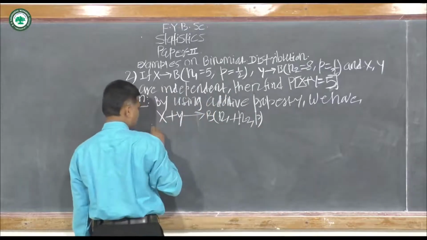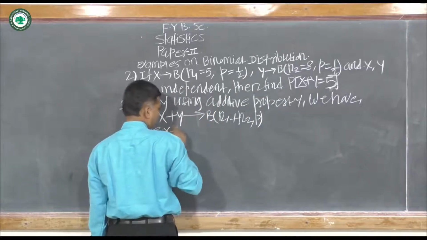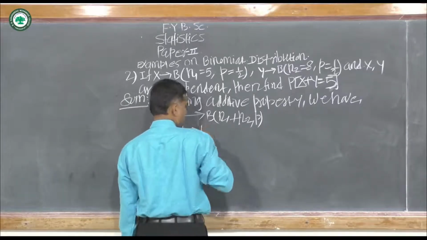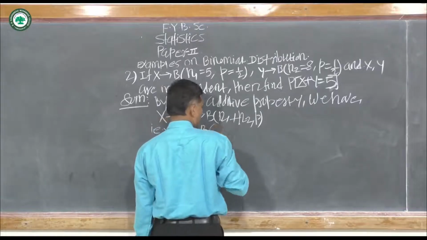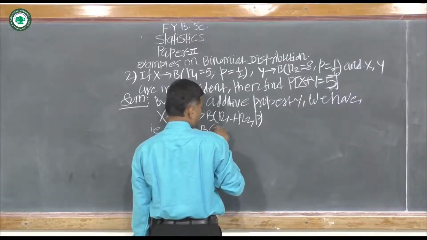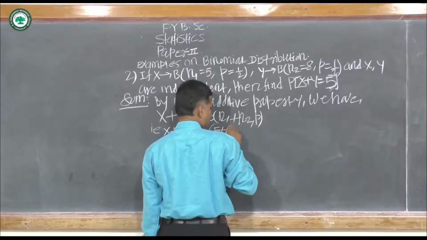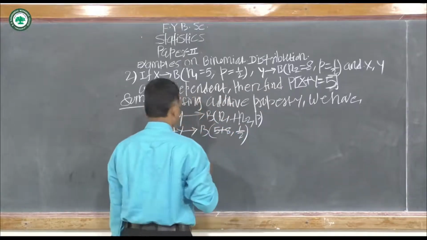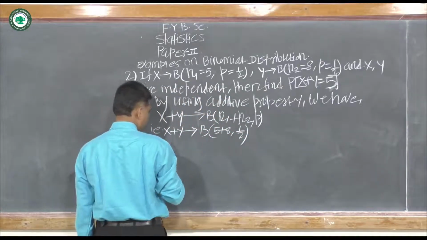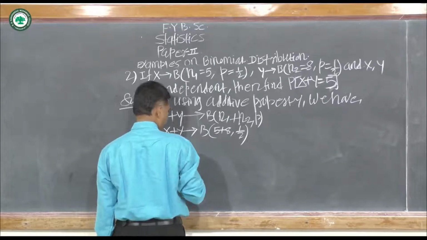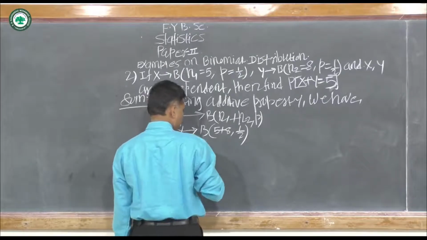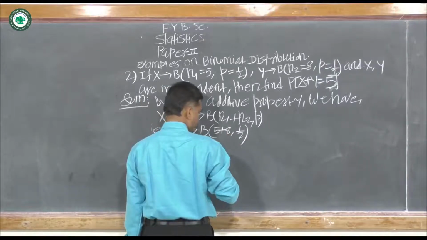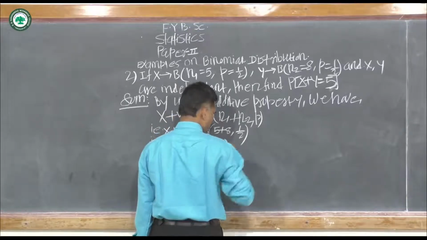That is, x plus y follows binomial distribution with parameters 5 plus 8 and 1/2. So x plus y follows binomial distribution with parameters 13 and 1/2.